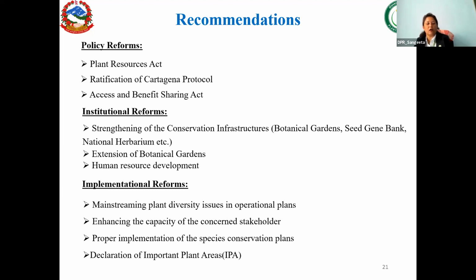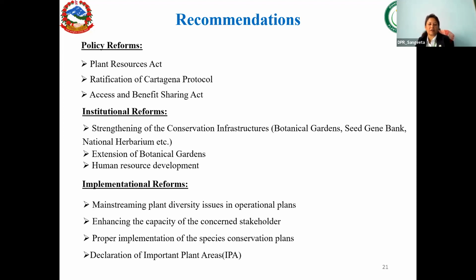In that Plant Resources Act, we have also envisaged important plant areas so that we can conserve our important plant species in their habitat, and the reintroduction of plant species. These things have already been kept in the Plant Resources Act, but it is yet to be ratified.